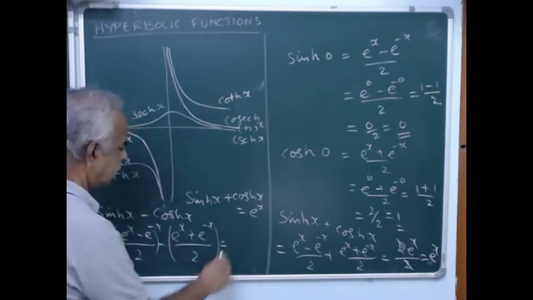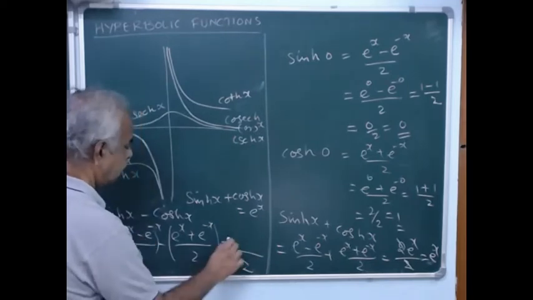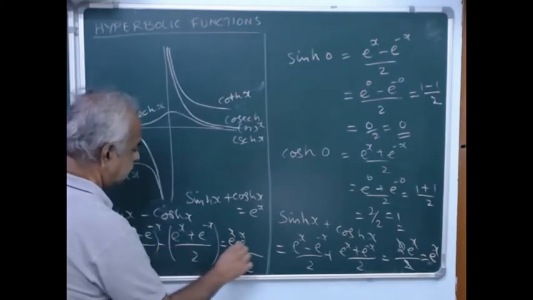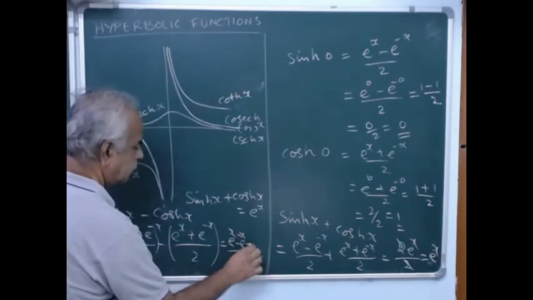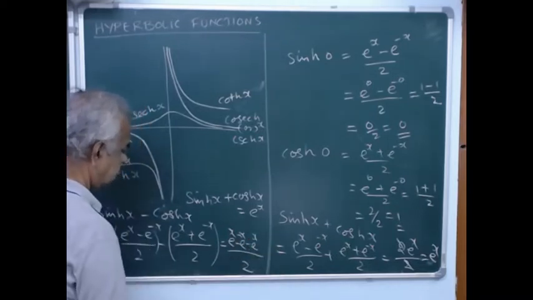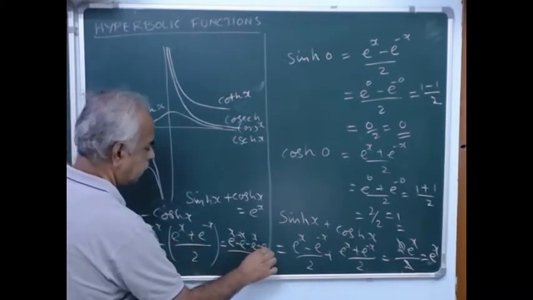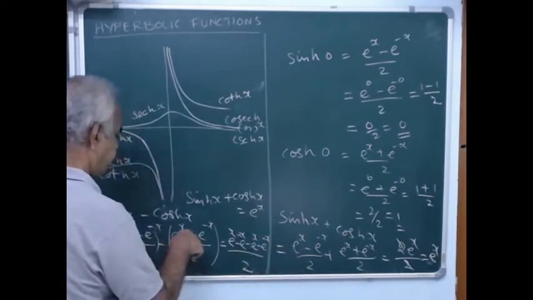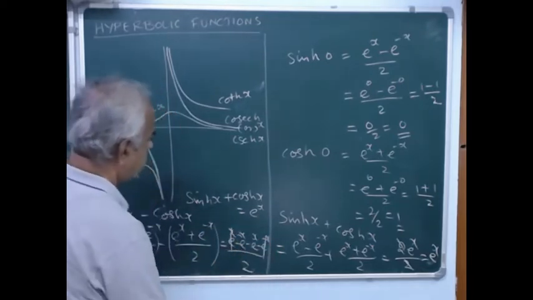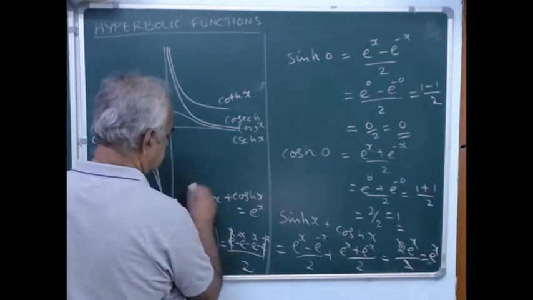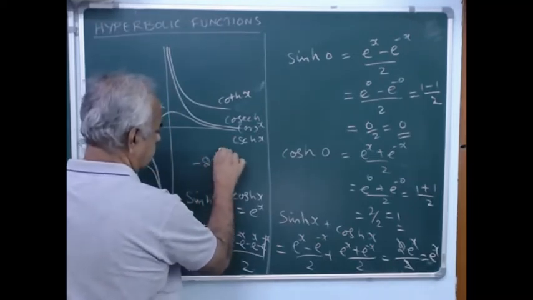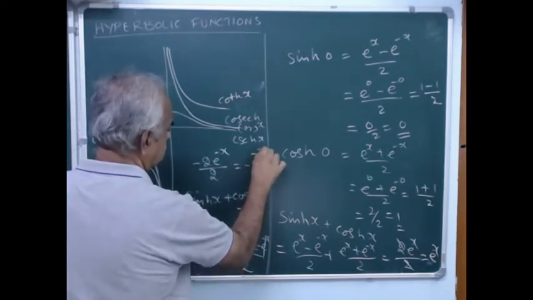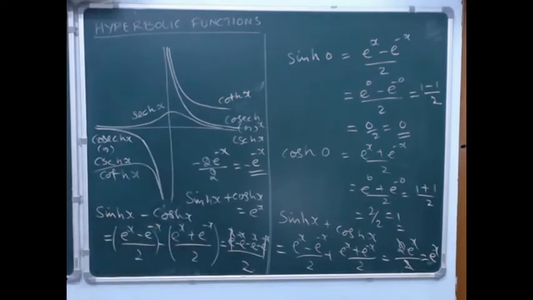So taking LCM, now we have e power x minus e power x, and then minus e power minus x minus e power minus x. So this becomes minus 2 e power minus x whole divided by 2, that is equal to minus e power minus x.